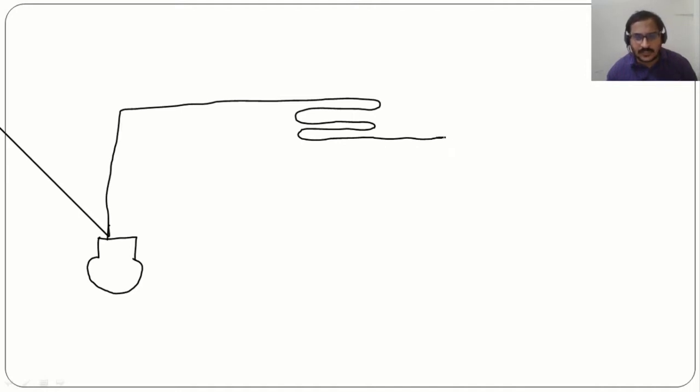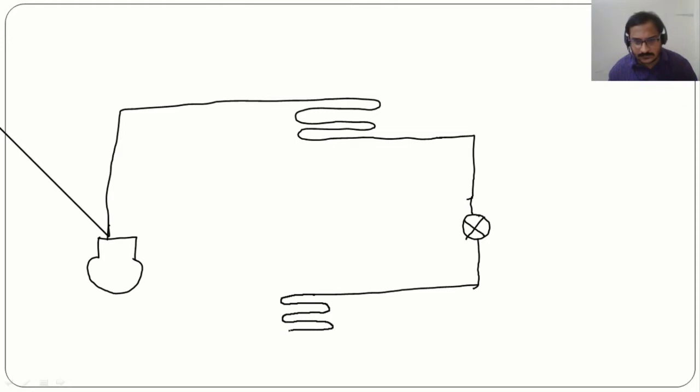Now from this condenser there will be an expansion device here, and from the expansion device you can come across an evaporator coil. This evaporator is again connected to the compressor here.